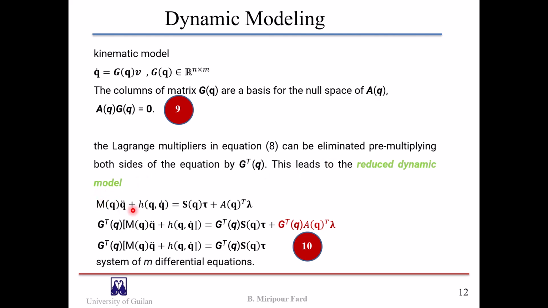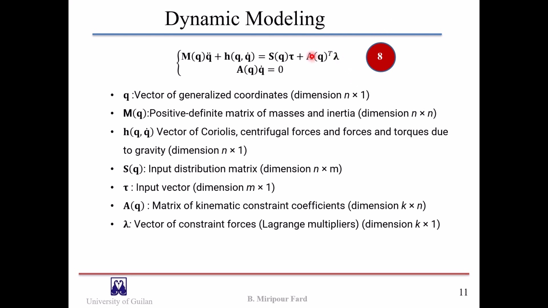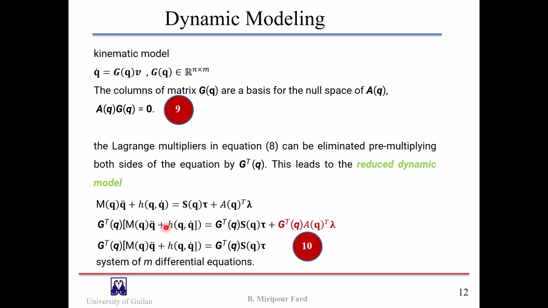If you write once again equation 8, here you can see equation 8, actually the first row of equation 8, and pre-multiply this equation by G transpose, the term G transpose times A transpose times lambda will be 0, because in equation 9 we've seen that A times G equals 0.